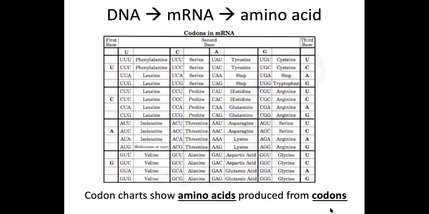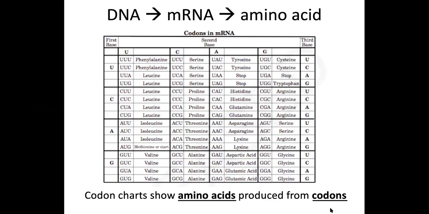The way that I like to teach this is that your first base is always a row. Your second base is always a column, and your third base is an individual line. So everybody follow me: row, column, line.